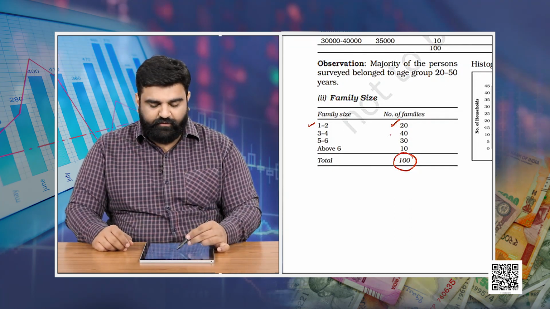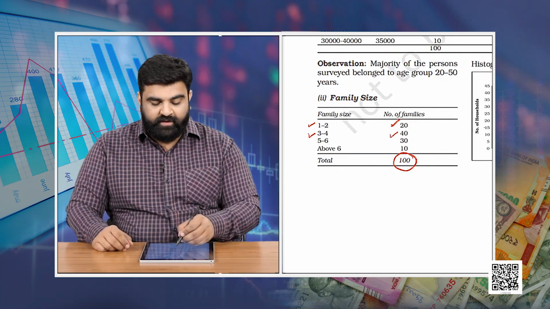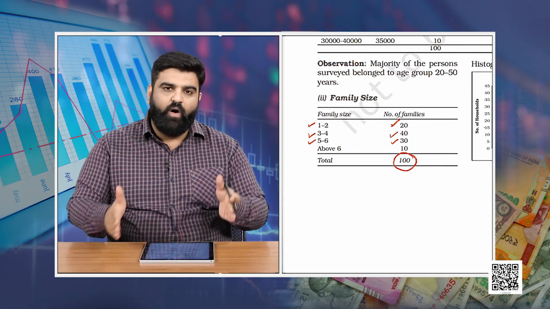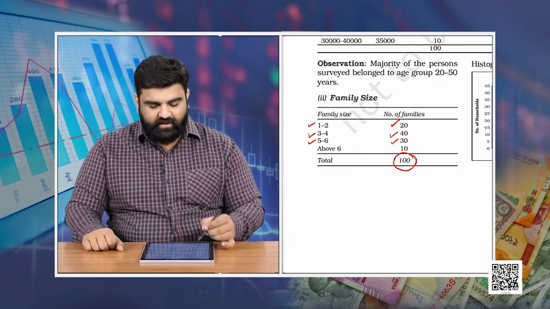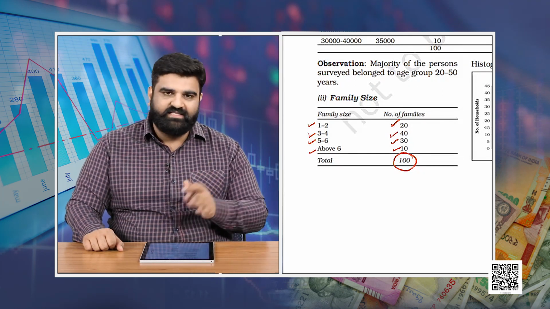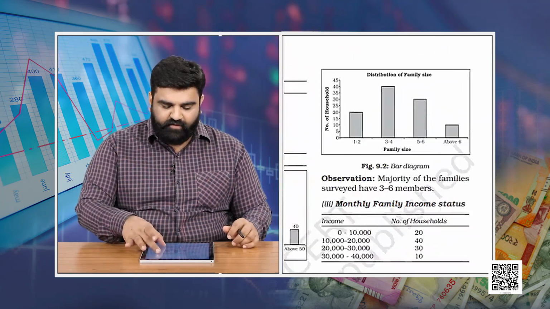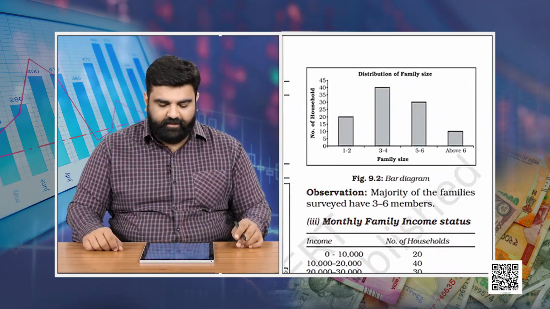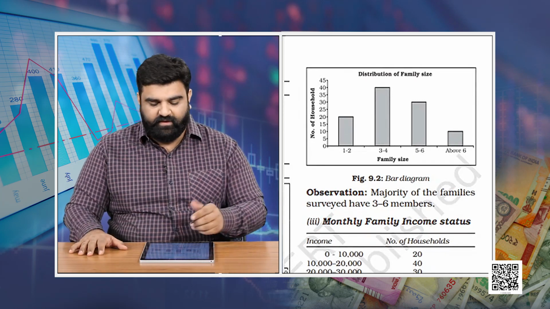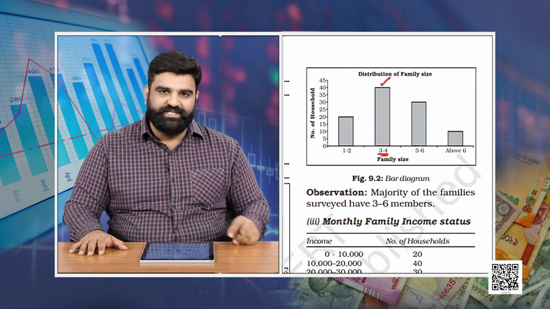Then there were 40 families which had a family size of 3 to 4 members. 30 families had a family size of 5 or 6 members, and 10 households had a family size of above 6. Now, let us represent this information in the form of a bar diagram. This bar diagram shows that the most number of families which were surveyed had a family size of 3 to 4 members.